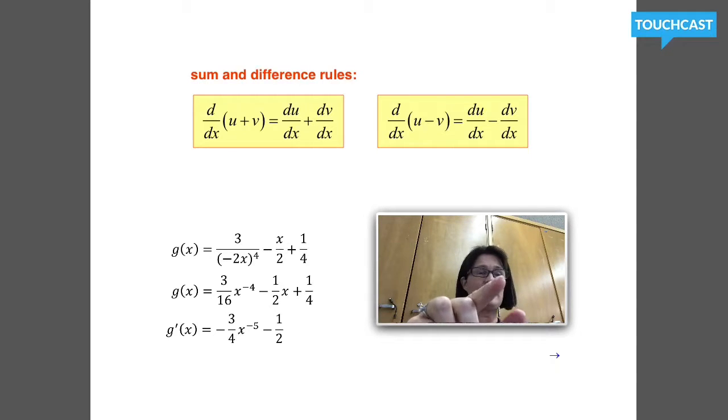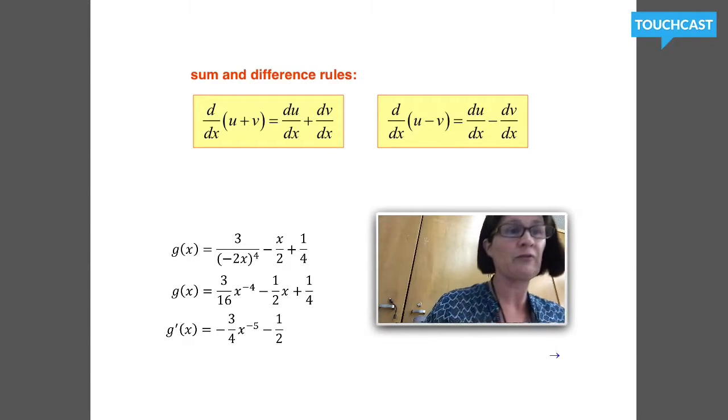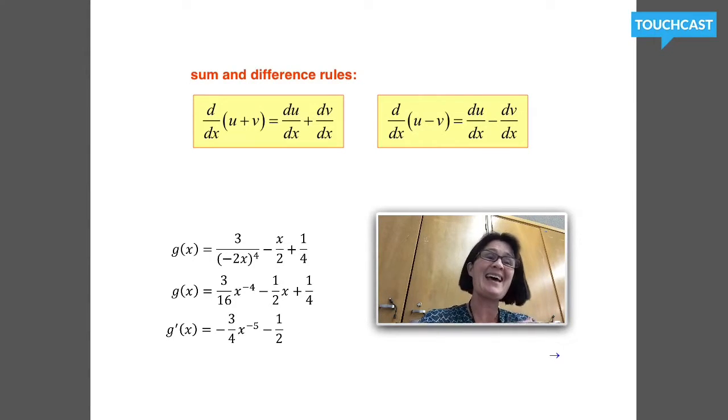Those parentheses down there in that denominator, that negative 2x, has to get raised to the fourth, so I can simplify that expression first before I can recognize that as a power of x. So negative 2x raised to the fourth makes 16x to the fourth, but that was 16x to the fourth in a denominator. So instead of x to the fourth in a denominator, I'm going to write that as x to the negative 4.